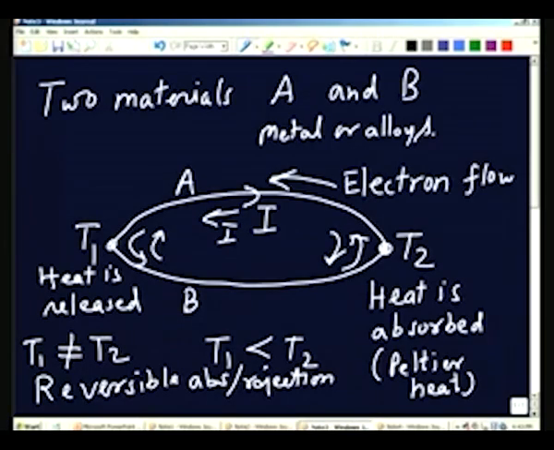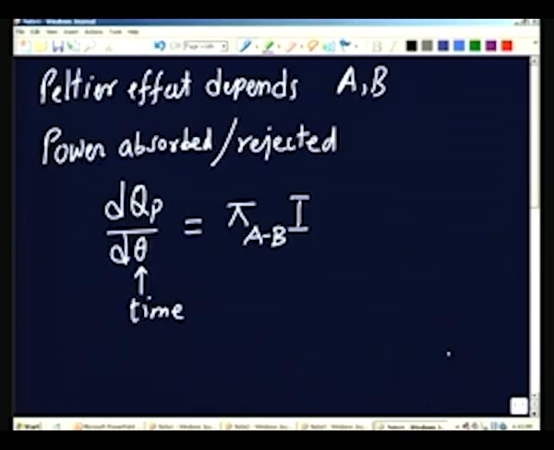The electrons are moving from B to A here, and here they are moving from A to B. So, at one junction it is going to move from the material B to A, and at the other junction it is going to go exactly the opposite, and therefore, at one junction there will be absorption of heat, at the other junction it will be rejection of heat. Of course, that depends on the temperatures.